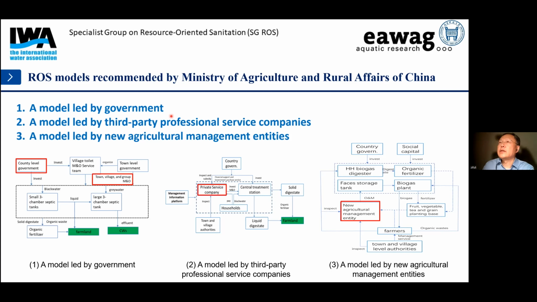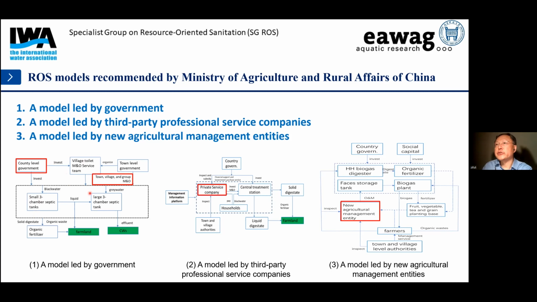You can see there are 3 different categories. The first one is a model led by government. For this kind of model, the county level government is responsible for the investments and also for the maintenance and operation costs, and they will cover all this cost.